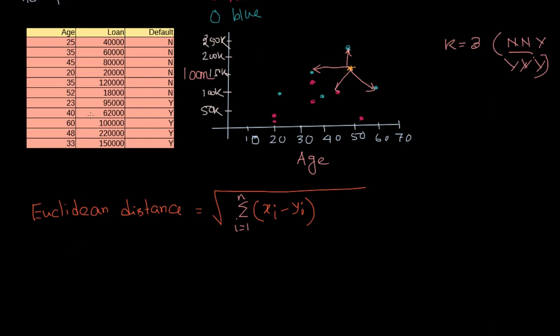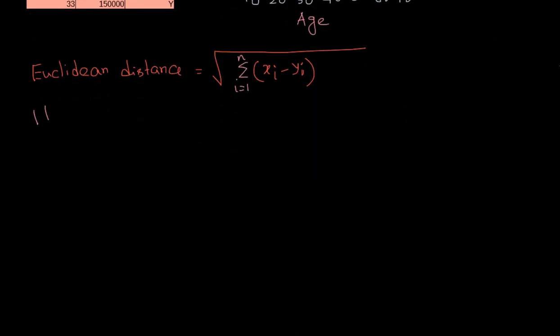There is another distance, which is the Manhattan distance. This formula is similar to the Euclidean distance, but here I made one mistake, it will be a square in the Euclidean one.